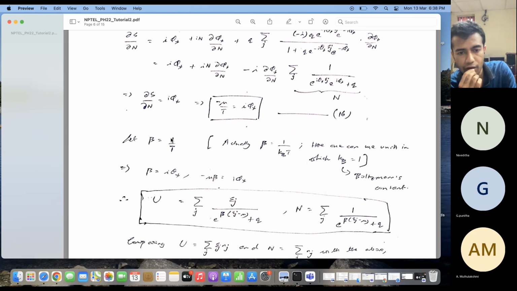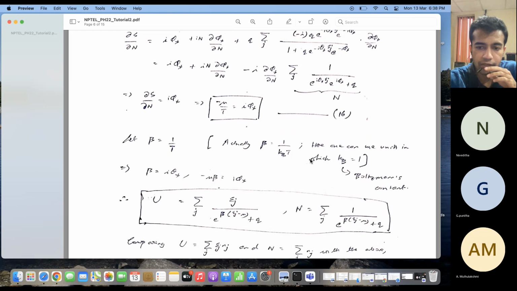Beta is the reciprocal of temperature. Actually, usually beta is not 1 by T, but 1 by kBT, where kB is the Boltzmann constant. Here we have been working in units where we had chosen kB equal to 1.